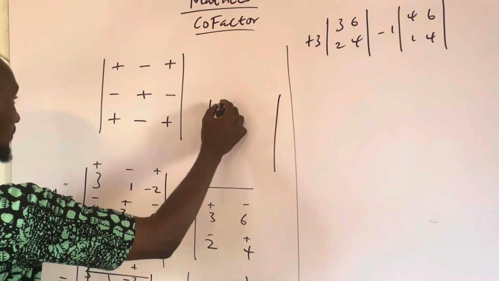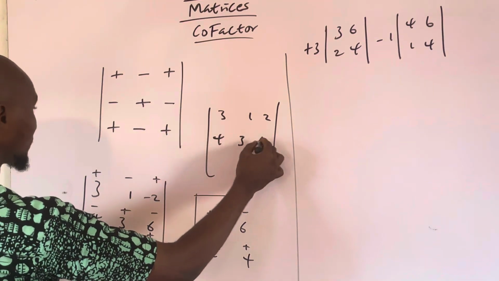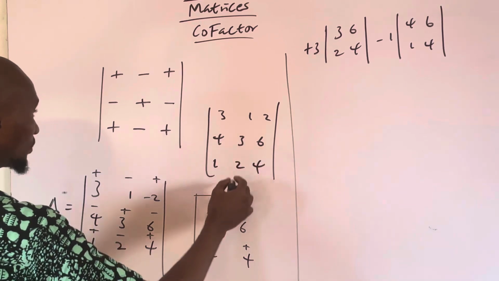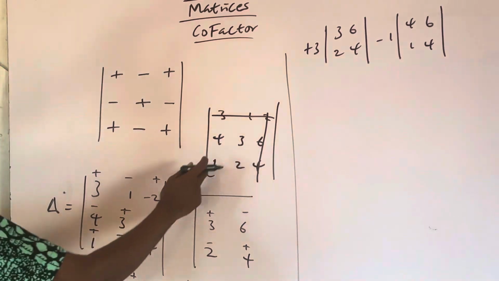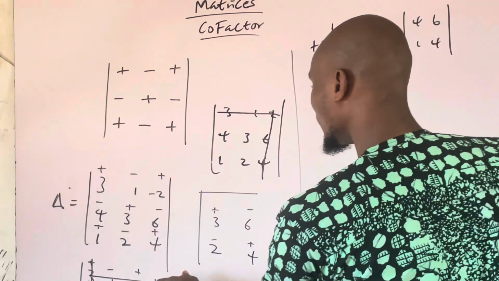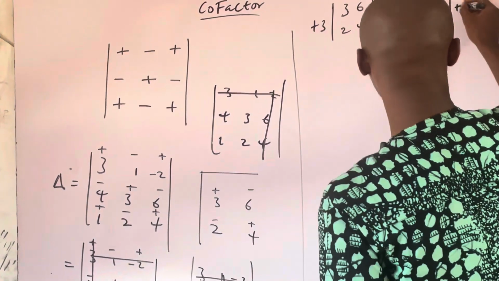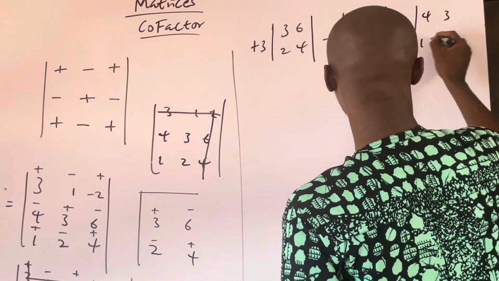We have 3, 1, 2, 4, 3, 6, 1, 2, 4. Next one now will be like this. So what we have left here is what? And here is plus. We have plus 2, then 4, 3, 1, 2.